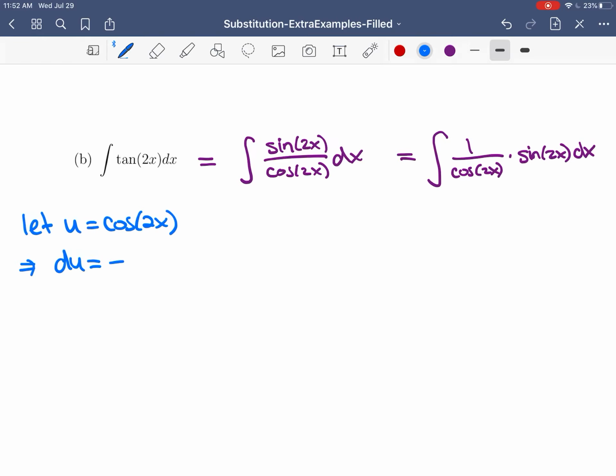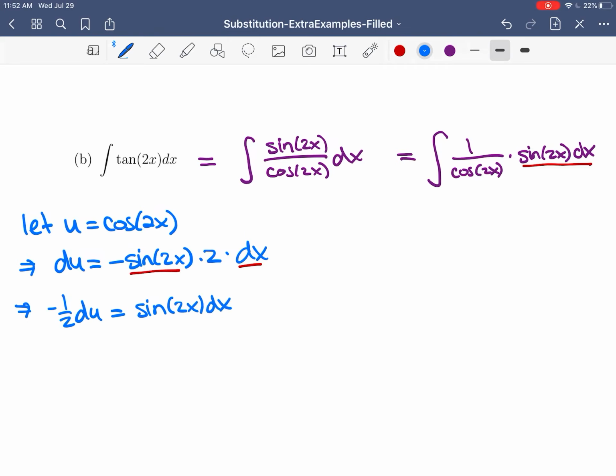So it's negative sine of 2x times the derivative of the inside, which is 2, and then times dx. Okay, so I can see that I have sine 2x dx, and I have that in here as well. So I'm going to solve for that, which means that negative 1 over 2 du is going to be sine of 2x dx.